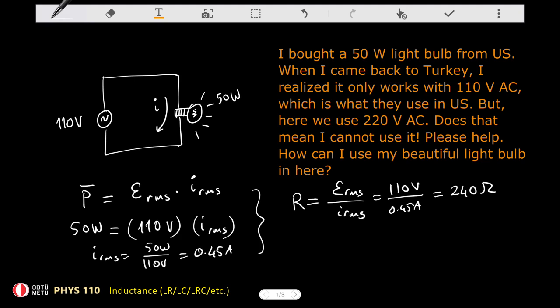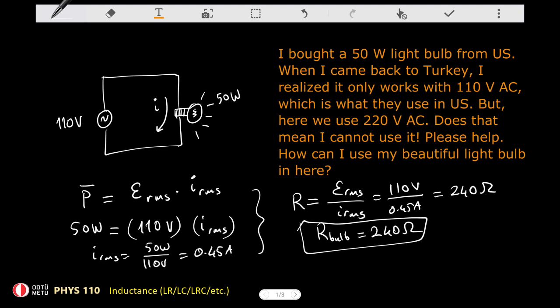So if I change the potential drop on the light bulb, the current increases by the same proportional amount. I'm also going to call this the light bulb resistance. Let's just remember this value because this is the one that we are going to use.